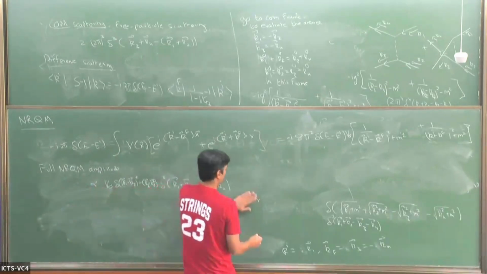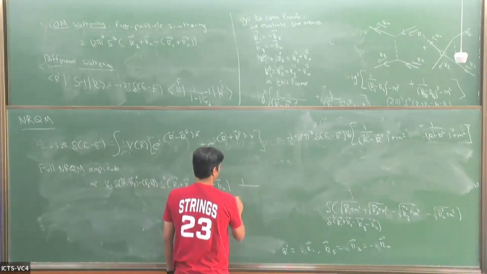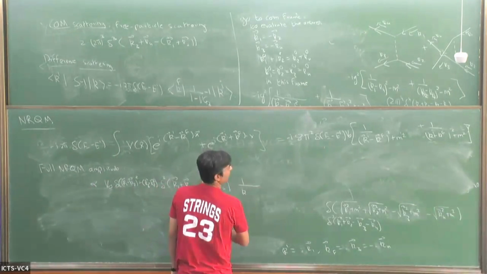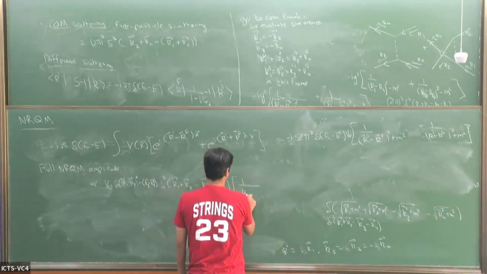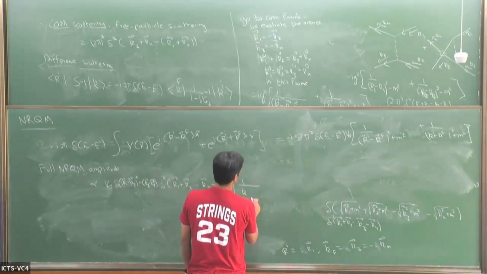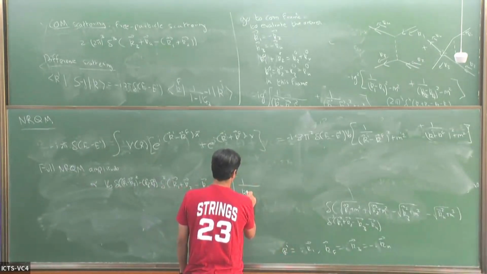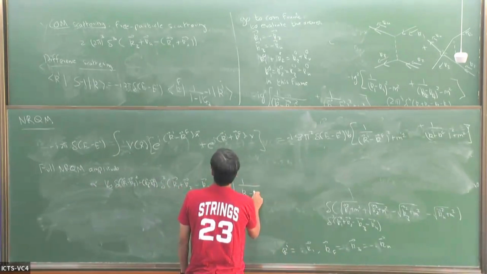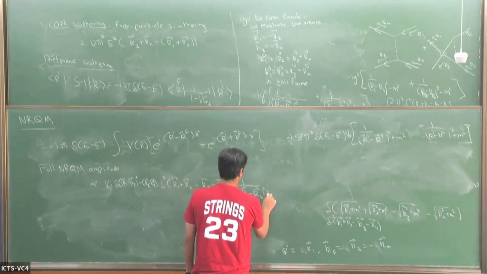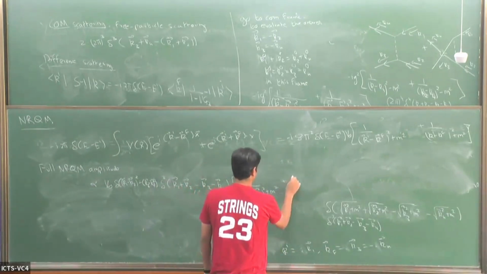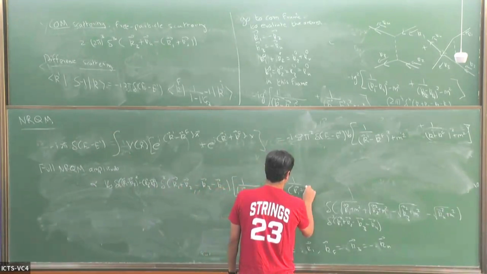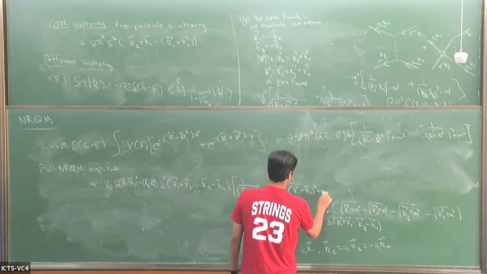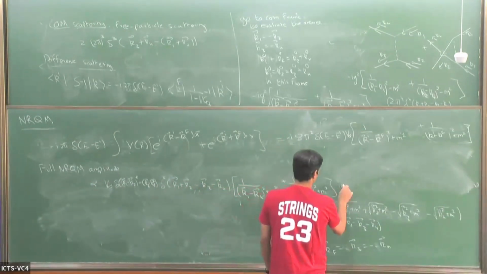I'm just summarizing everything because it might have been a little confusing, into 1 by... actually the answer looked like 1 by (K1 minus K4) squared plus m squared plus 1 by (K1 plus K4) squared plus m squared in the COM frame.